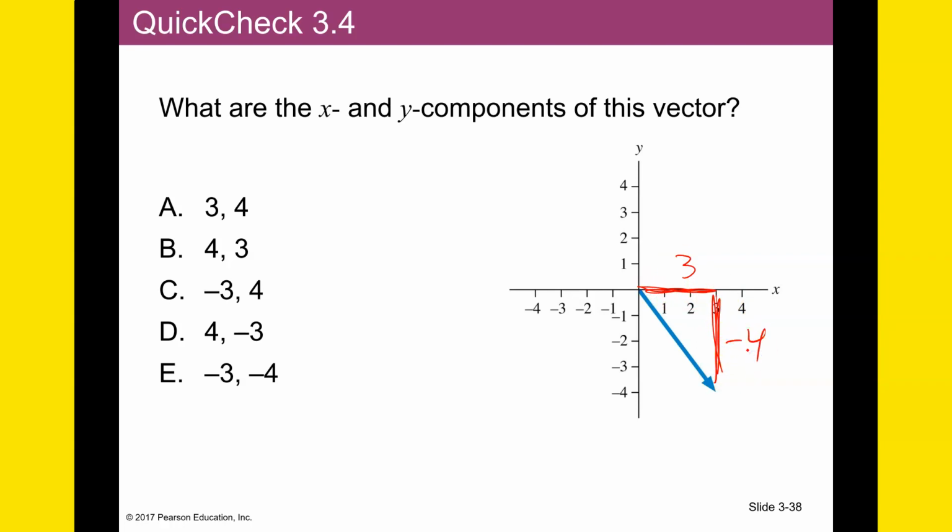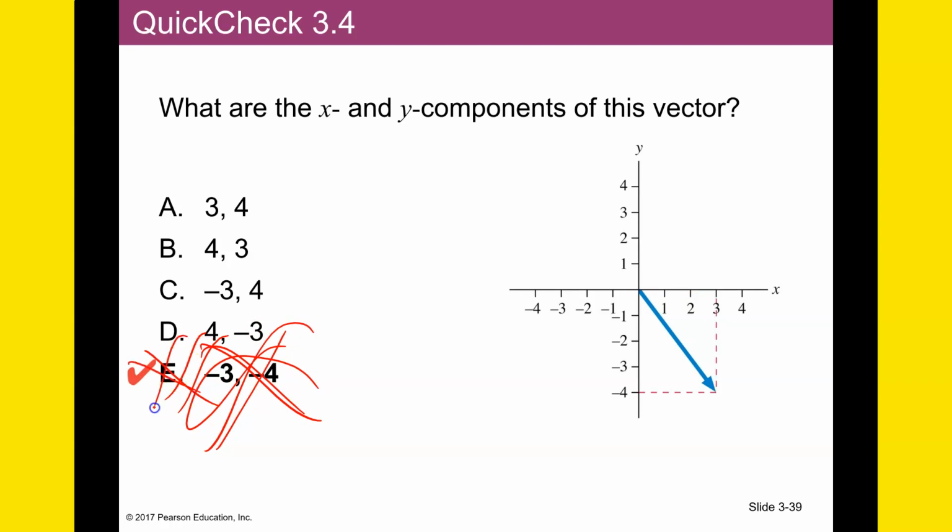So 3, -4, and you can see that's not even a choice. The thing is going to tell us wrong right here. This is absolutely wrong, just wrong. So shame on you, Pearson, for giving us a wrong slide, but trust me, that is wrong. The answer is 3, -4. Notice they write theirs like an ordered pair with a comma. That's not usually how I do mine, but it's fine either way.